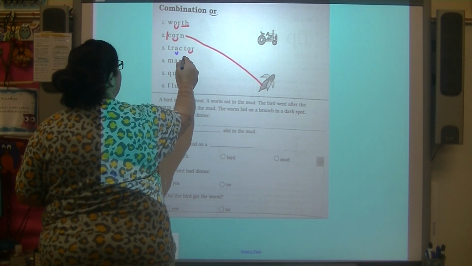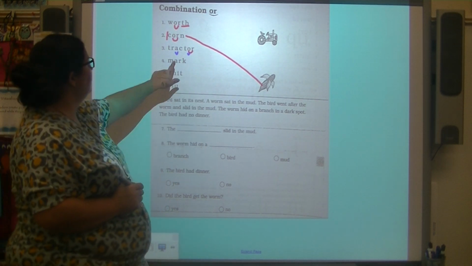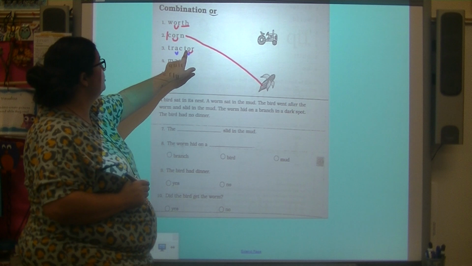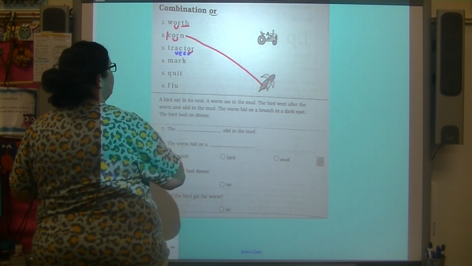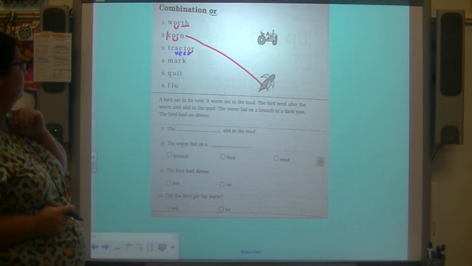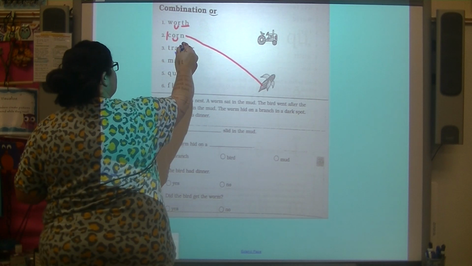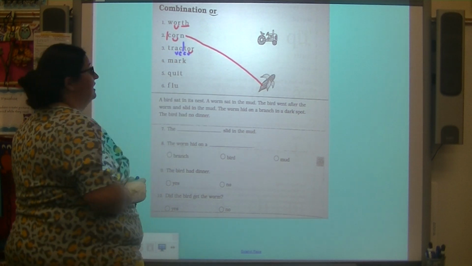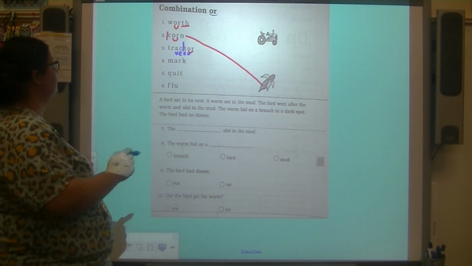So I'll label my vowels. There are 2 of them. In between, I have 2 consonants. So I know I have a VCCV pattern. That tells me to divide between my consonants. The accent will be on the first syllable.